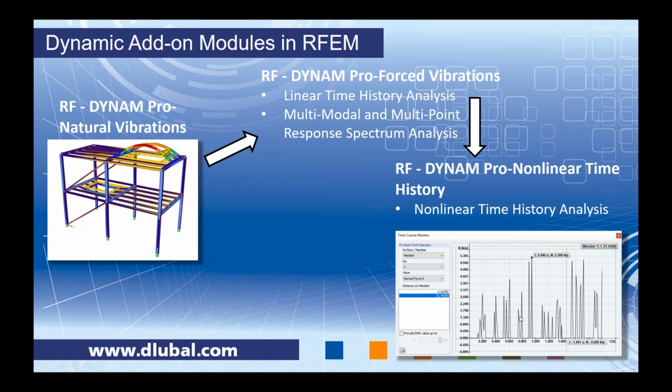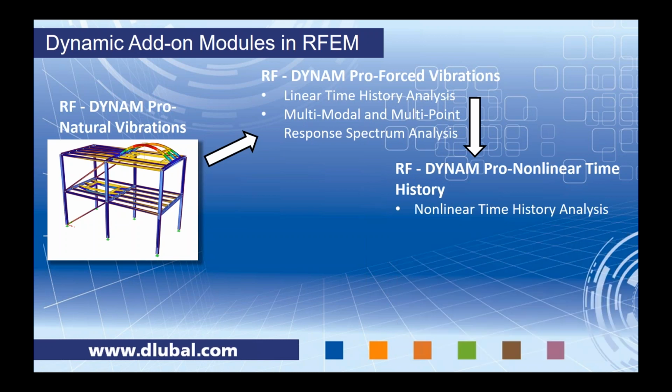We only see tension forces within that member. So what happens is when we have any type of compression within the member, it completely fails. And yet when we reintroduce tension forces within the same member, the member is reactivated, and so on throughout the entire course of the time analysis.